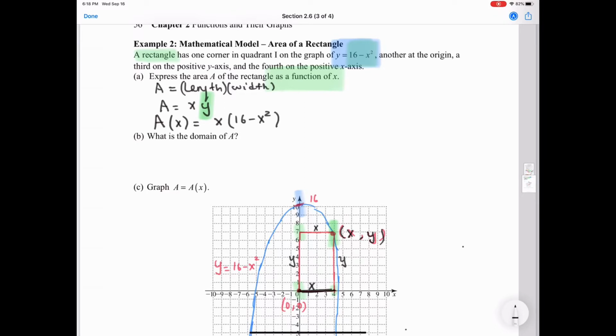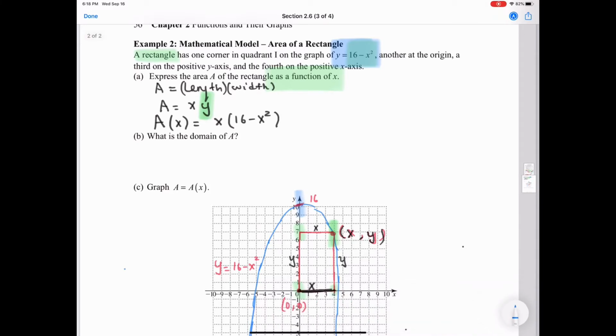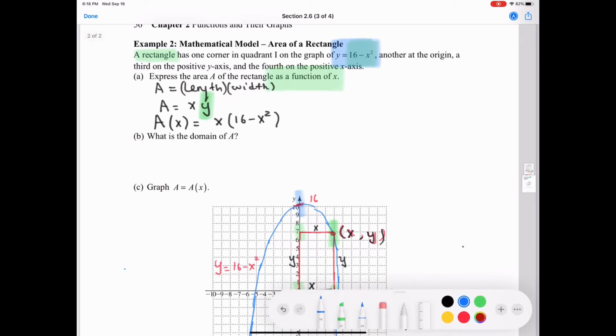By doing so, I end up with a single variable equation, an equation with respect to x as my independent variable. And you can simplify it if you want, foiling it out. That will be the answer for A.